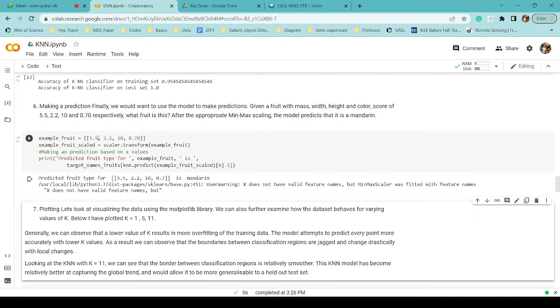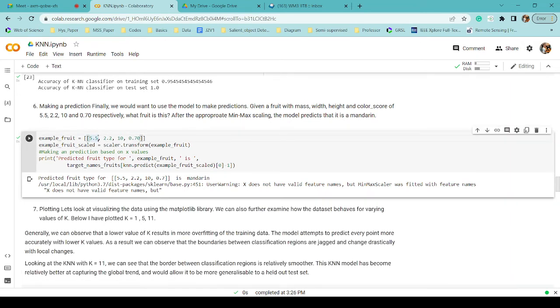Let's change it. If someone wants to give any example, tell me, I'll do that, and we'll check the result. Tell me if you want some particular value. Does anyone want to give a particular value and check? Sorry, I'm not able to hear you. 7.6?